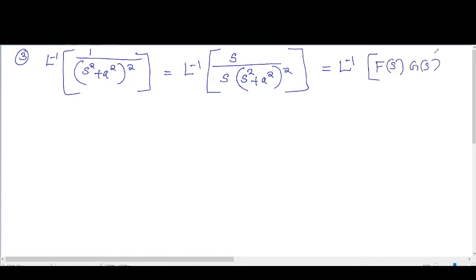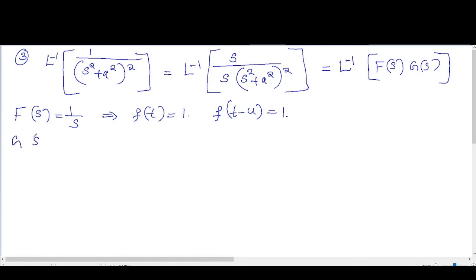Now you can choose f of s and g of s. Take f of s equal to 1 by s. What is the corresponding f of t? The corresponding f of t is 1, and also f of t minus u is equal to 1. Similarly, what is g of s?